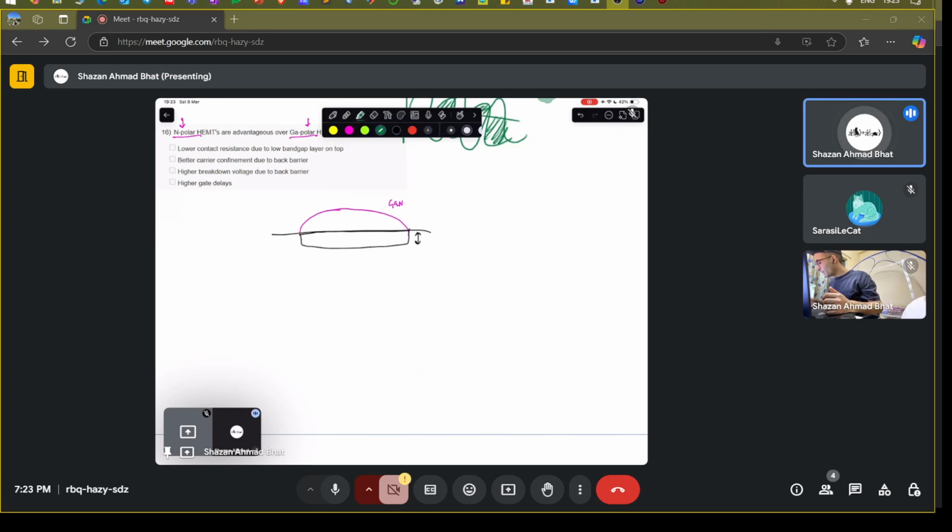Then this particular side, which is the top side, behaves as positive, and the bottom side behaves as negative. Why? We have discussed it so many times, because this is a polar material.